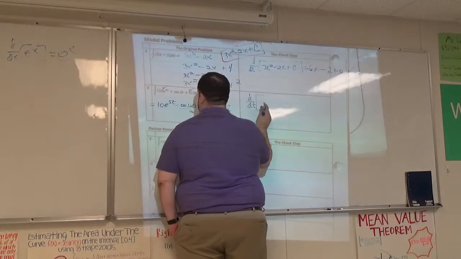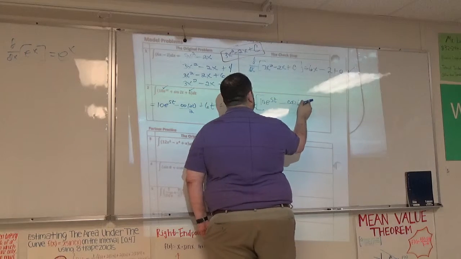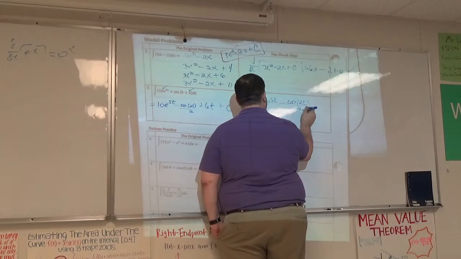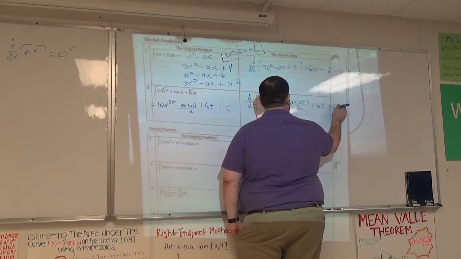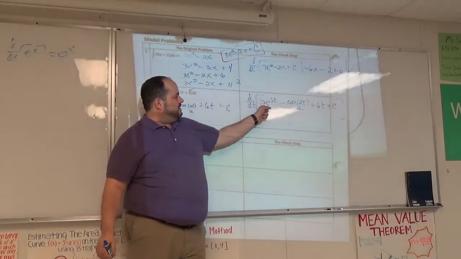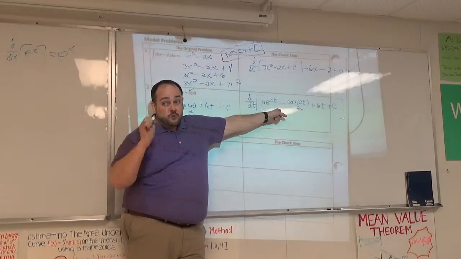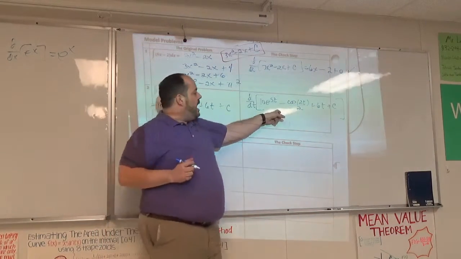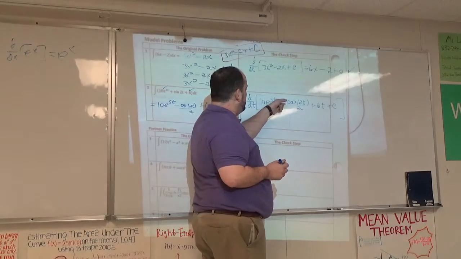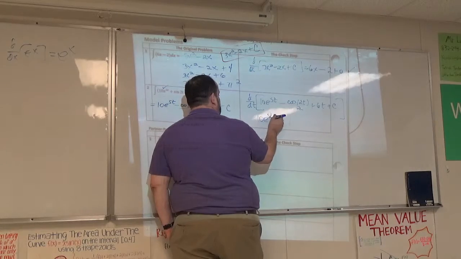I'm going to find the derivative of 10 e to the 5t minus cosine 2t divided by 2 plus 6t plus Charlie. When I take the derivative of 10 e to the 5t, if I'm going to do this the right way, the derivative of 10 e to a power is 10 e to the same power.